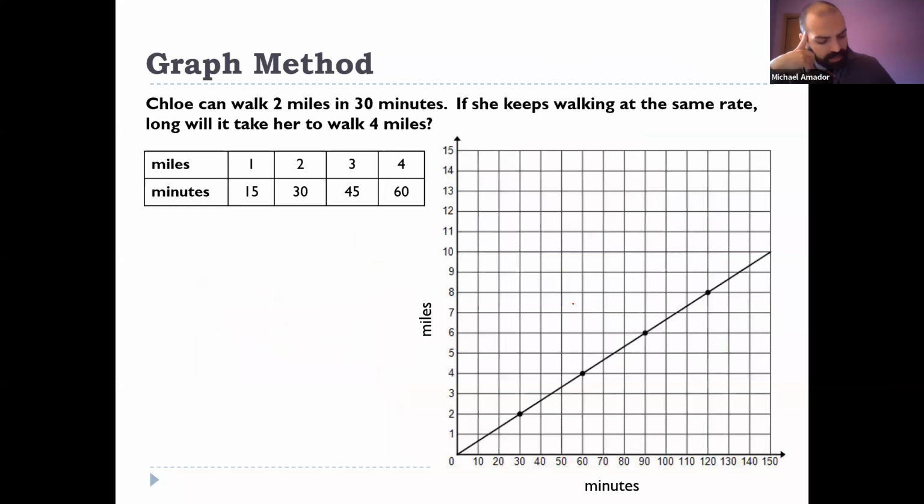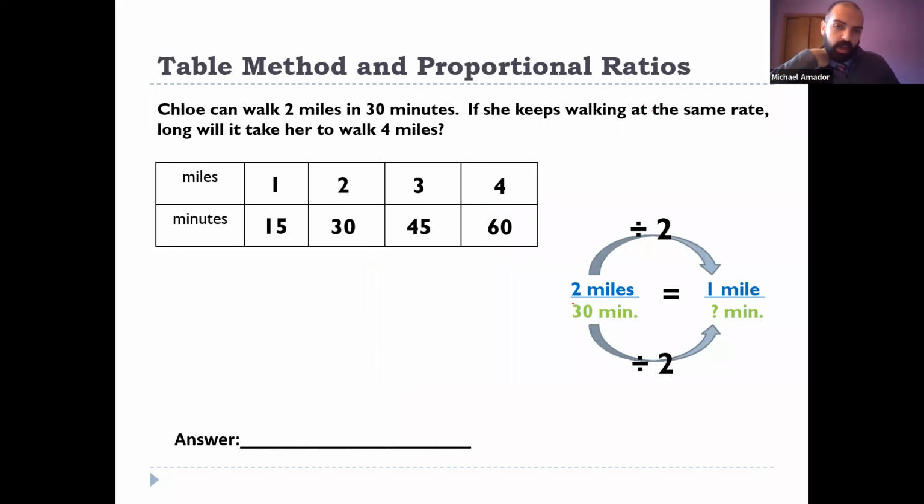Graphing. So if we want to, before I go to that, how can we do this? I gave you an example of maybe creating a ratio table in a different way. What if we're being asked how far she can go in 40 minutes?